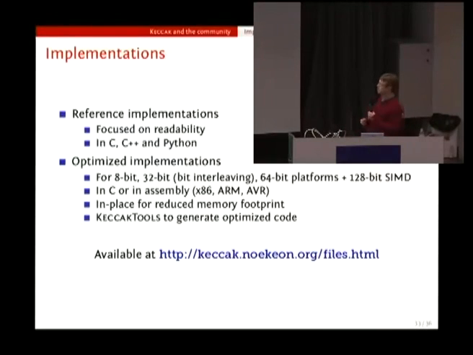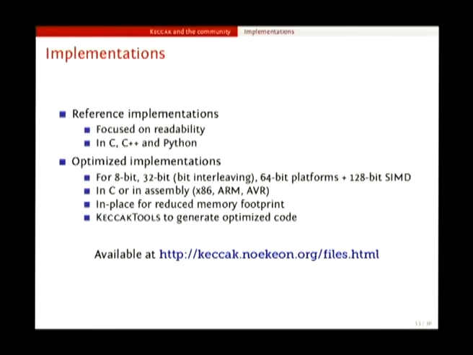We wrote some, and one of our colleagues, Ronny, wrote some code for 8-bit and 32-bit CPUs that includes the bit interleaving technique I mentioned earlier, 64-bit platforms, and even using SSE and variants. Some of these implementations are in C, some in assembly, especially ARM and AVR.